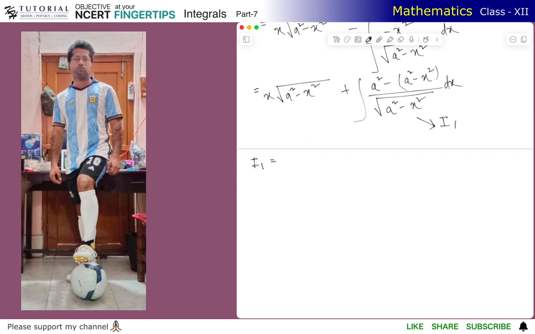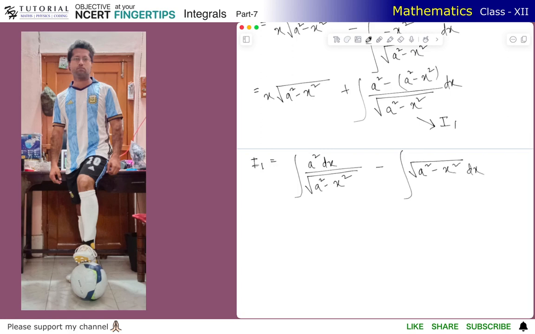So now we are solving I1. I1 now becomes the integral of a square dx by square root of a square minus x square, and over here in the numerator we have a square minus x square and in the denominator we have square root of a square minus x square, which becomes square root of a square minus x square dx.